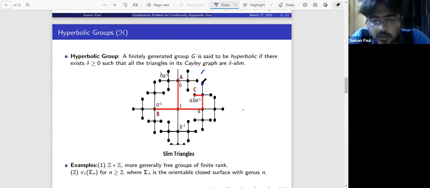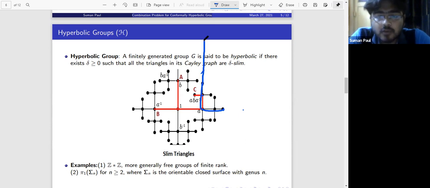Take this point and this point. Then there is a unique geodesic here, which is this line segment. So this gamma is one distance away from the identity. That's why the Floyd distance between them will be G of 1.